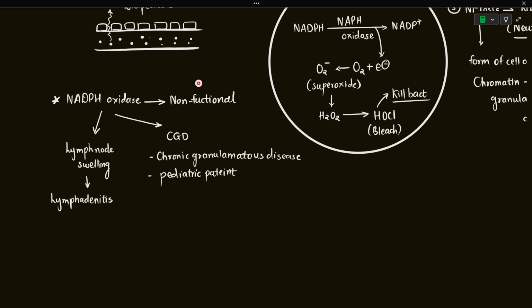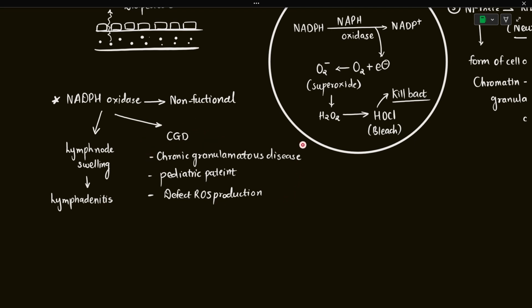So in chronic granulomatous disease, the NADPH oxidase is non-functional, and that results in a defect in ROS production. The reactive oxygen species will not be formed, and as they are not being formed, they are going to create granular structures in the individual who has chronic granulomatous disease.